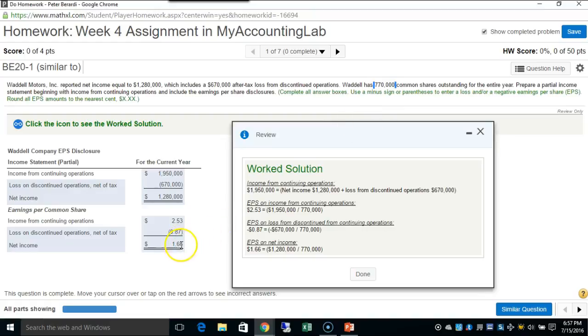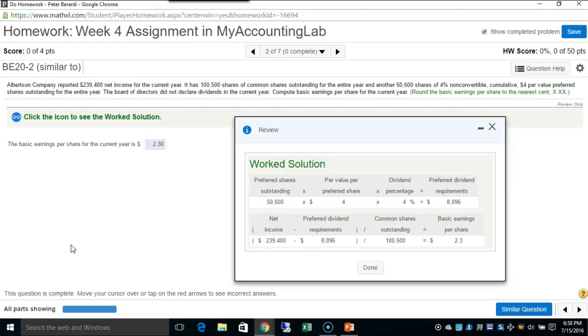Earnings per share on net income is you're going to take your net income number and divide it by the number of common shares outstanding to get the earnings per share net income. So essentially that's the approach you want to take to solve problem 1.